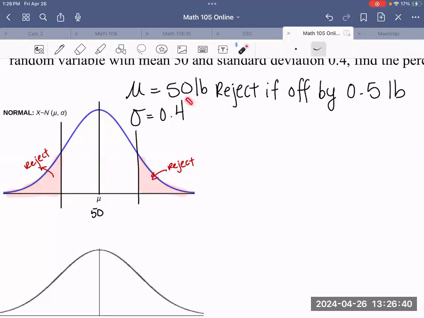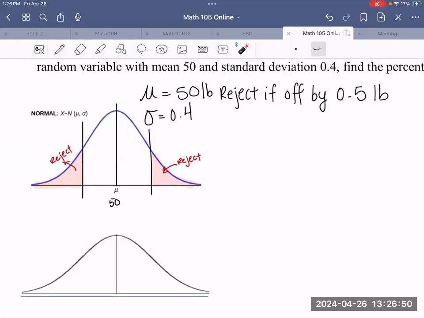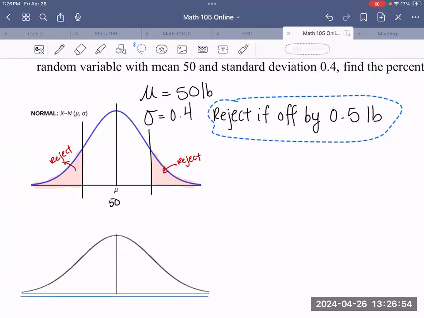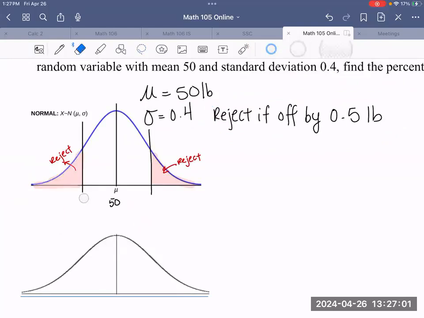Now we are told that we have a standard deviation of 0.4, but let's figure out what the values to reject are. Keep in mind, we're going to reject if we're off by 0.5 pounds. That means to either side of your mean, what would be the rejection margin?